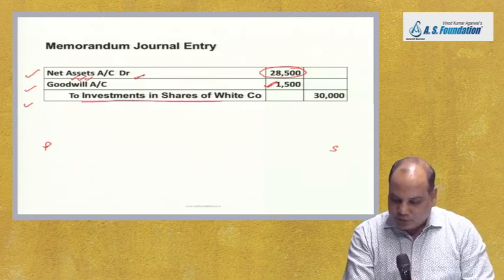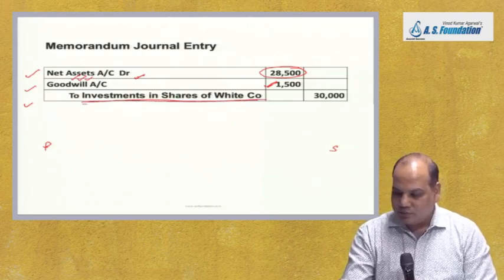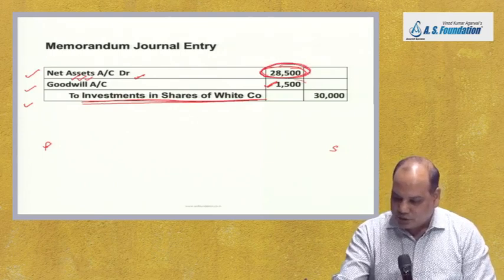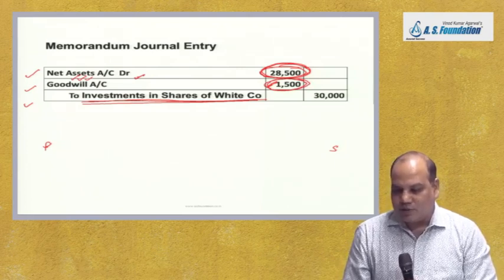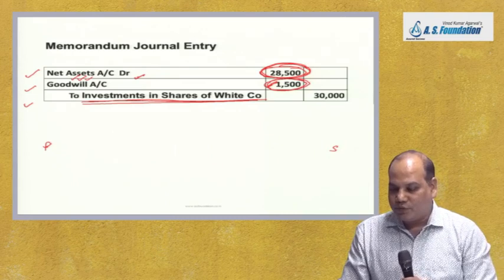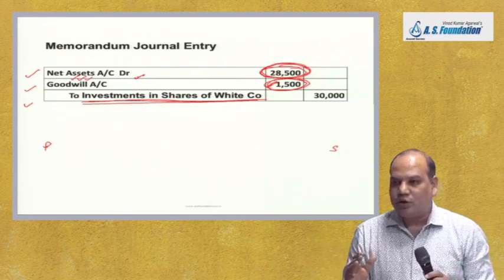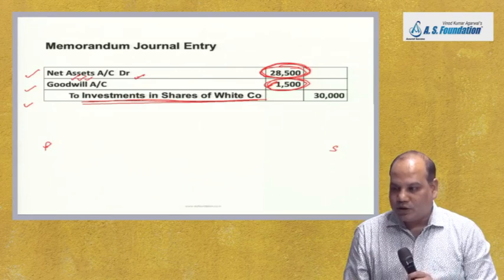And that investment in our books, against this investment we got net asset of 28,500 and we paid 1,500 more than what we had received in the form of net asset. So therefore investment in shares of white company 30,000. So this is called consolidation entry or memorandum journal entry. It's only for understanding that this is the logic of consolidation.